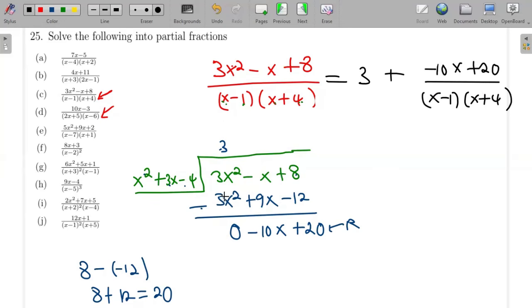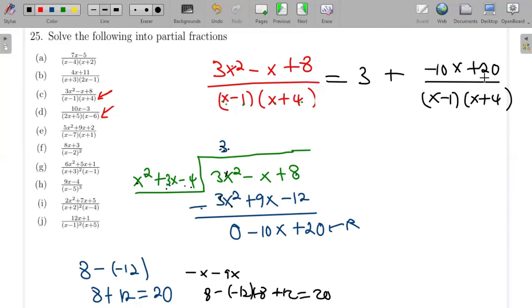All right, so let's just check if we did the correct multiplication here. 3 multiplied by this, I get this; 3 multiplied by this, plus 9x; and then 3 multiplied by this, minus 12. 3x squared minus 3x squared is 0, minus x minus 9x, I get minus 10x. 8 minus minus 12, I get 8 plus 12, which is just 20.